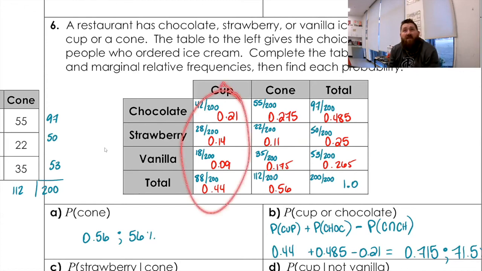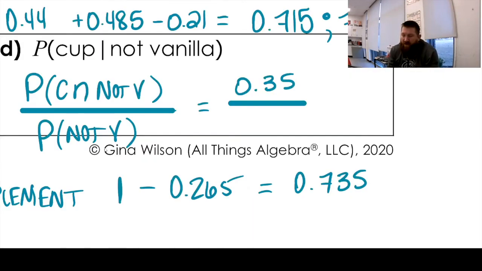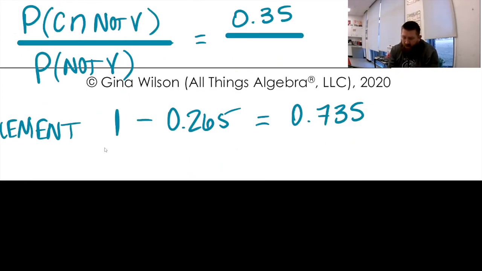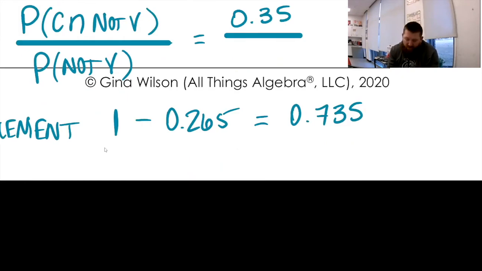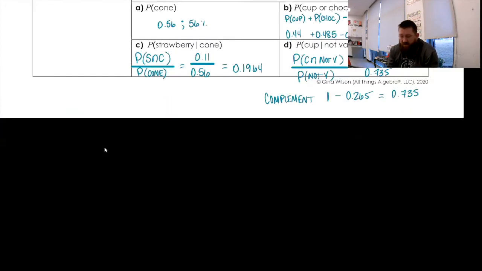So we take that data. This was our total probability of a cup, and we're going to eliminate that one. You can either add these two together to get it, or you could subtract from that. It's up to you. It's whatever you're more comfortable with. So that'd be 0.35, and then we found out the probability of not vanilla was 0.735. Pop that into the calculator, and we get 0.4762.